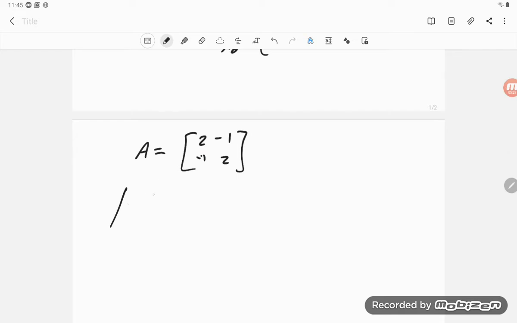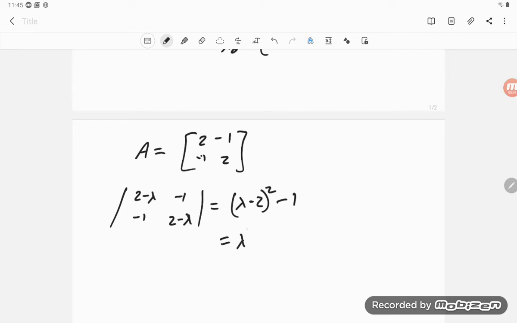I just need the determinant of 2 minus lambda, -1, -1, and 2 minus lambda. So I get (lambda minus 2) squared, and then minus 1.